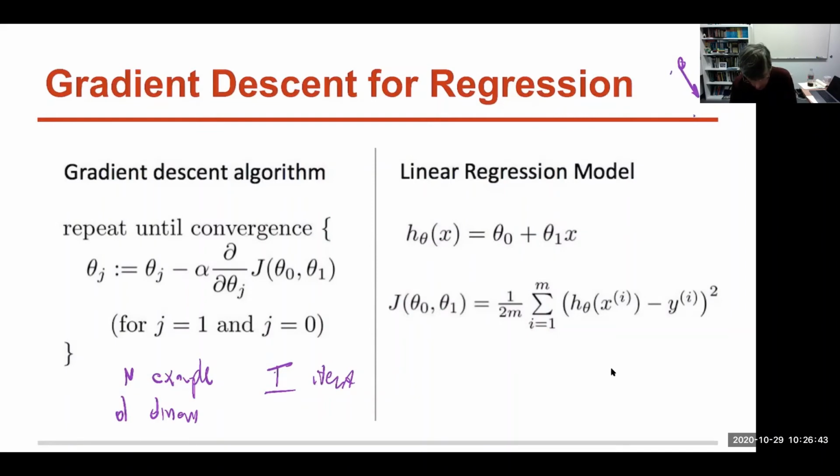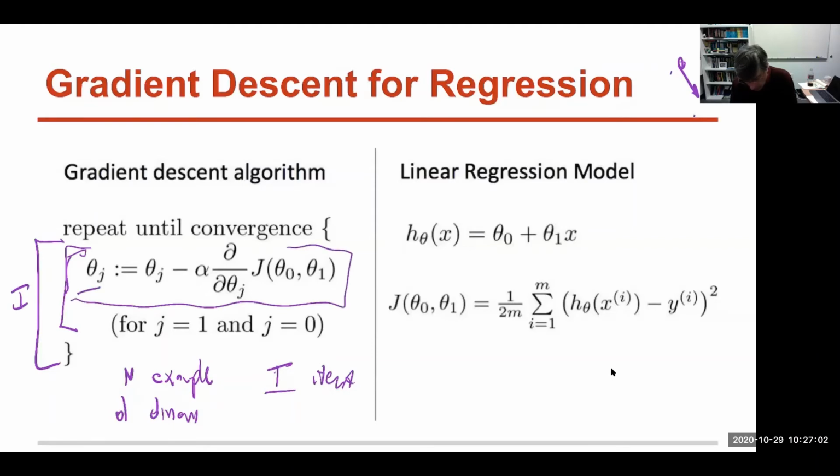It's I times the cost of executing this statement. How many times are we going to execute this statement? What is the running time of executing this statement? Well, first, we're going to do this separately for each dimension.